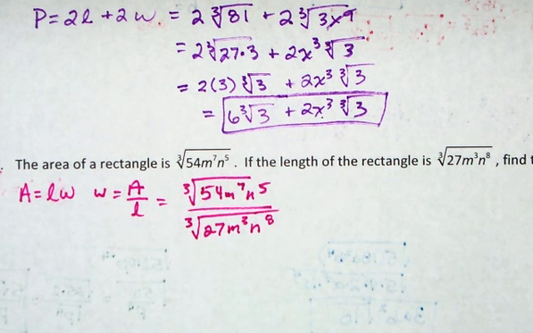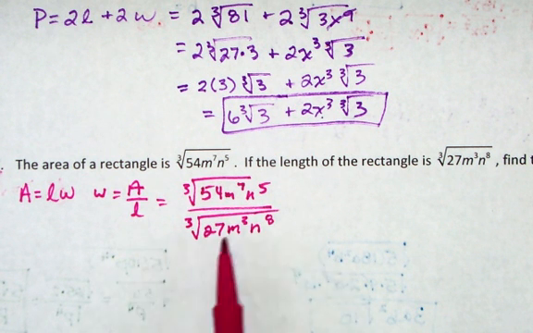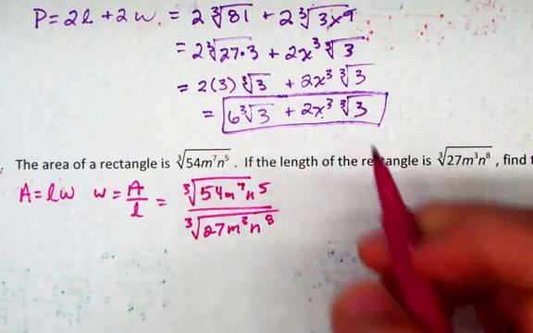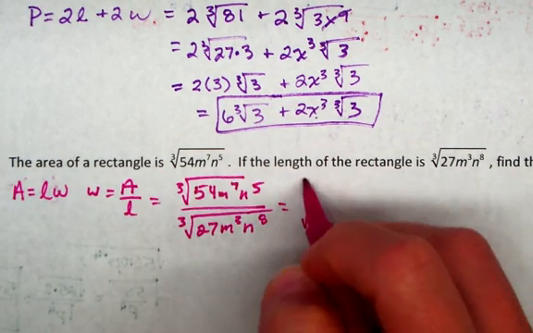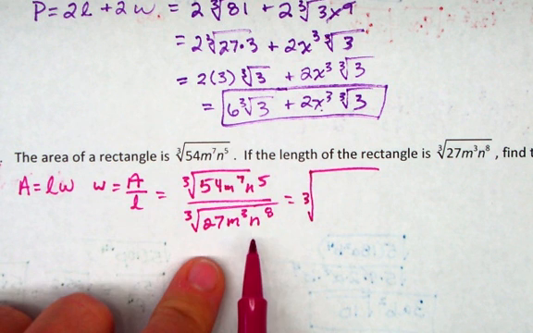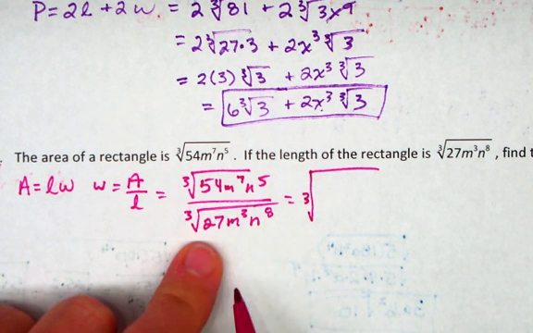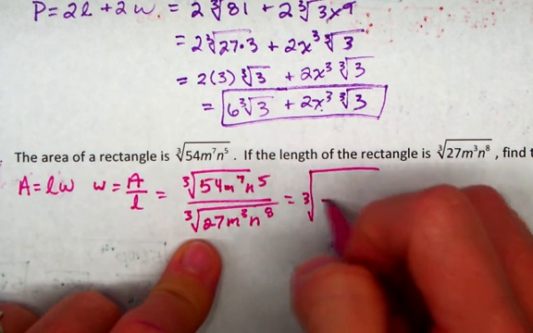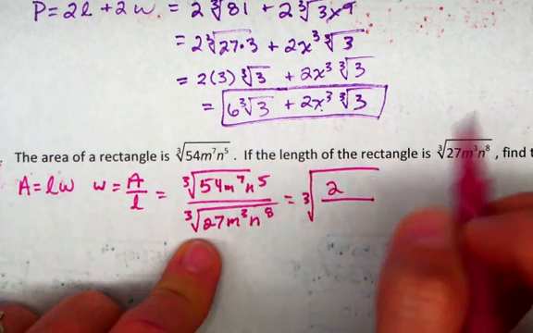So for this, it's kind of up to you how you want to do it. We can certainly simplify first. So if I put this all underneath one cube root, let's take a look at what happens here. 54 divided by 27 is 2, and that's going to go on top.